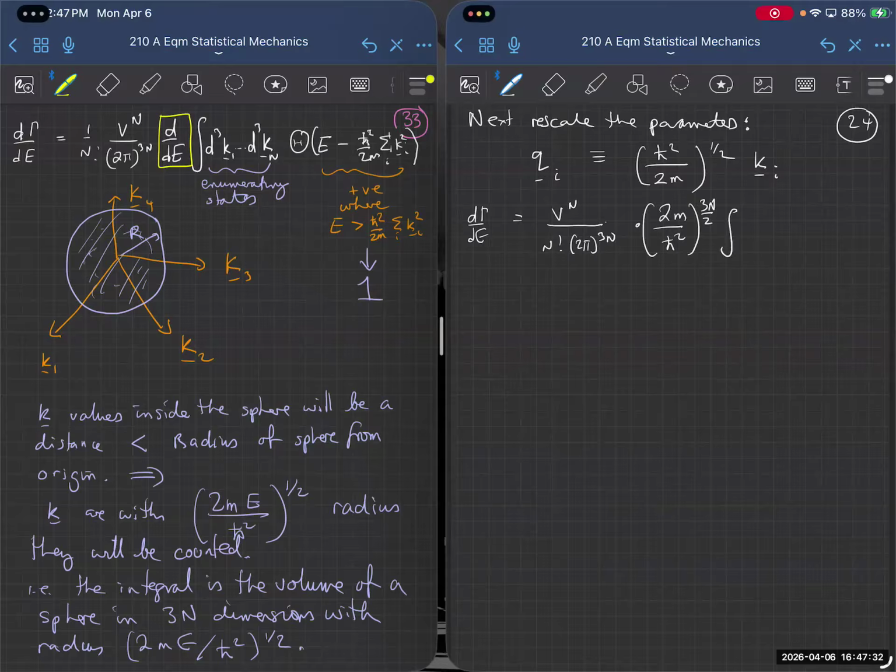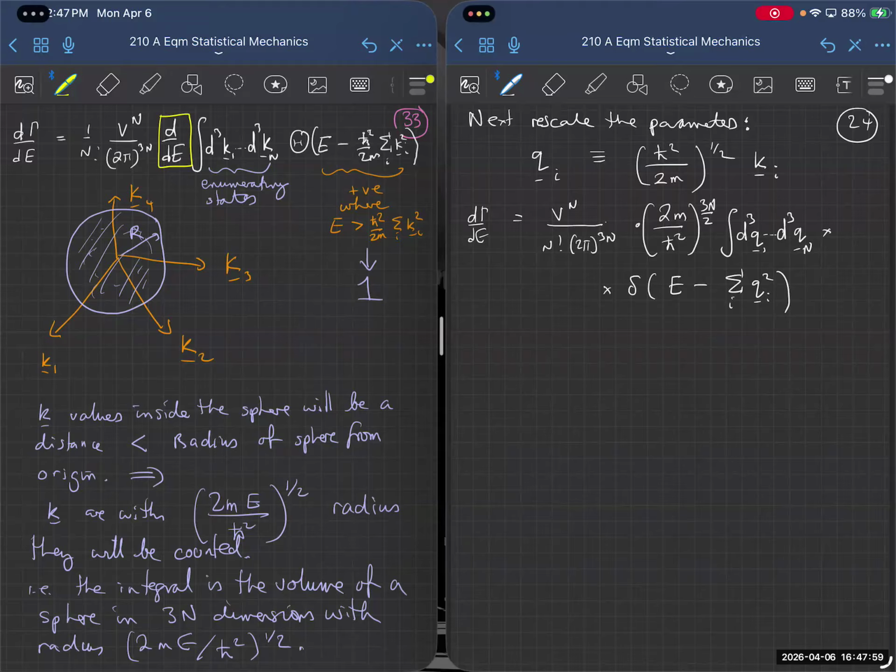And then the integral d3q1 up to d3qn times delta of E minus the sum over i of qi squared. Okay, so that looks a bit cleaner.